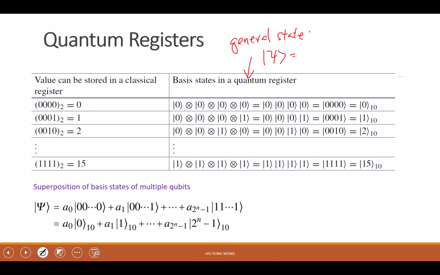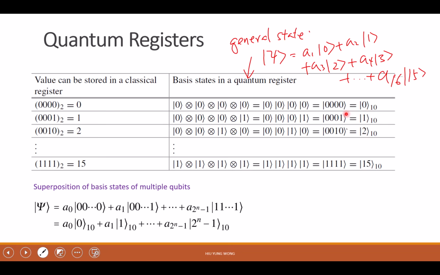It equals what? I call it A1 times basic state 0, A2 times basic state 1, A3 times basic state 2, A4 times basic state 3, all the way to A16 times basic state 15. Do you see what I mean about the general state?